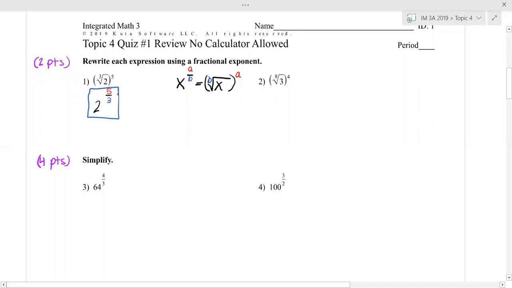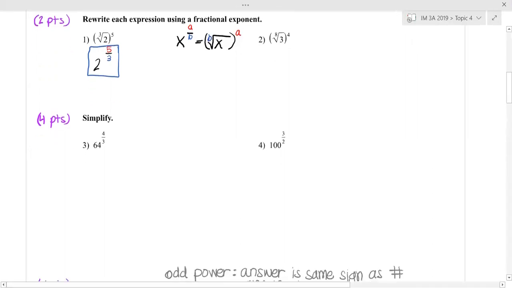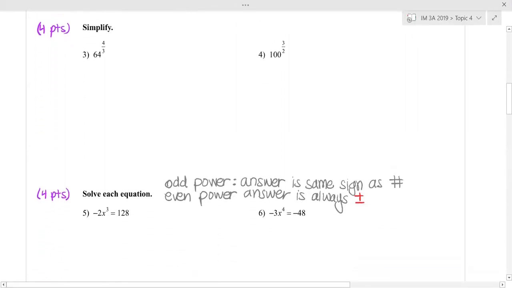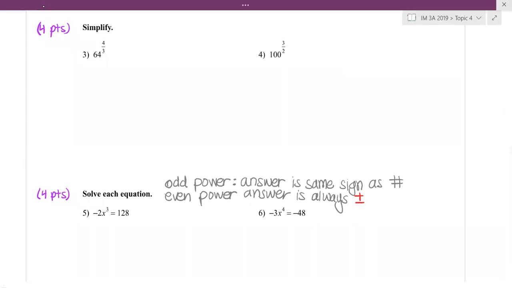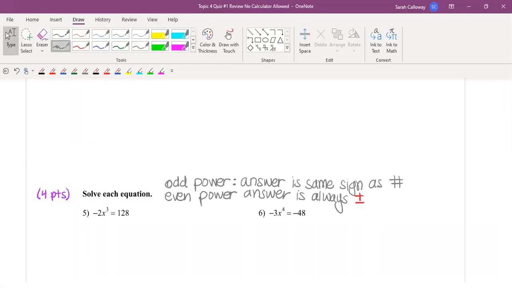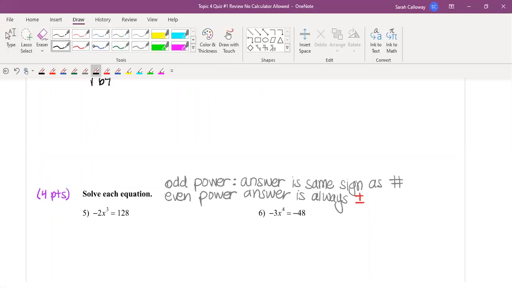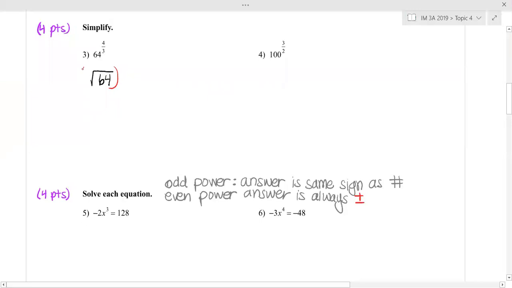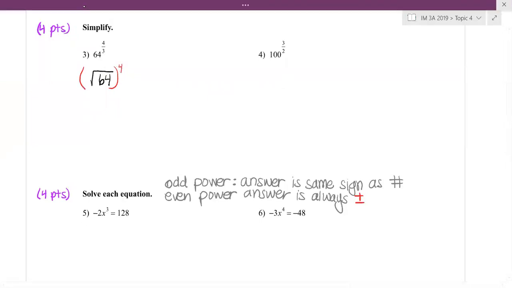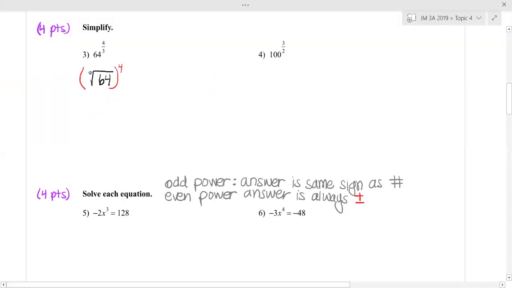However, for number 3, it's using the same property, but I'm going to use properties of radicals and roots and exponents to simplify so that I just get a value for my answer. So if I have 64 raised to the 4/3 power, I want to think about it as a radical around 64, the base of my exponential expression, and then that's being raised to the 4th power after taking the 3rd root.